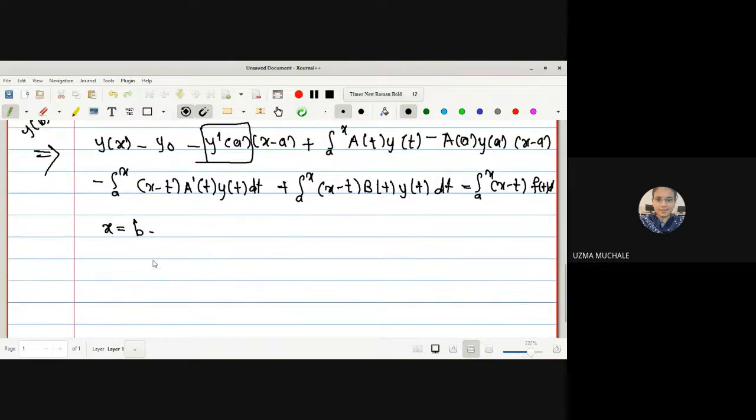In the physical exam, you have to write down this statement: put x equal to b in the above equation, we get y of b minus y naught minus y dash of a. Wherever you have x, you have to put it as b. Okay, so it is again a to b. Now you can understand after putting x equal to b, the limits of integration will be of the form a to b. Upper limit is now a constant term.